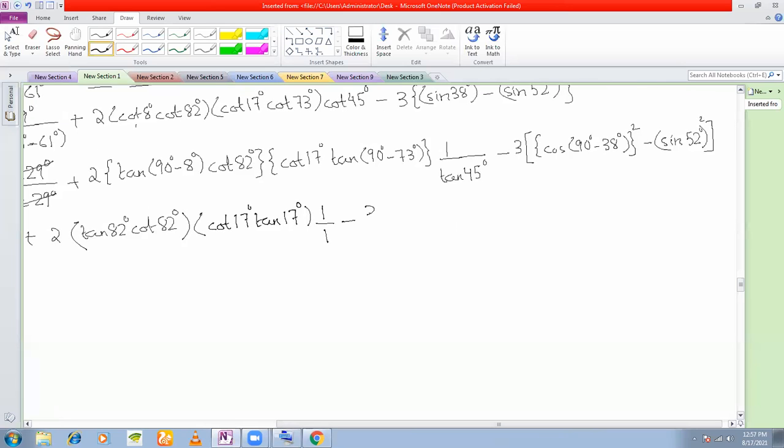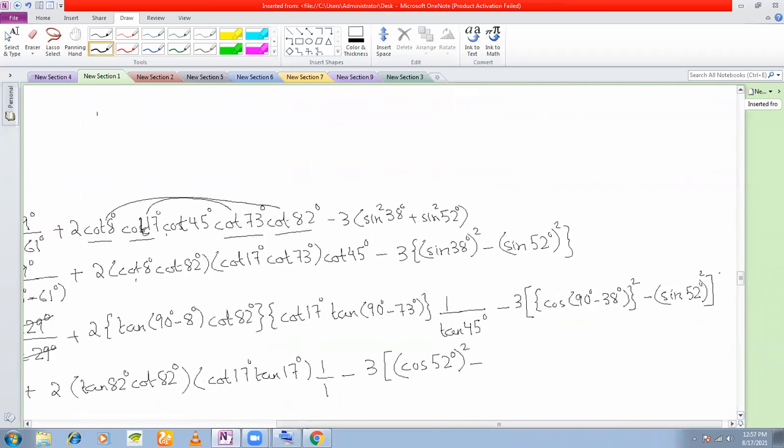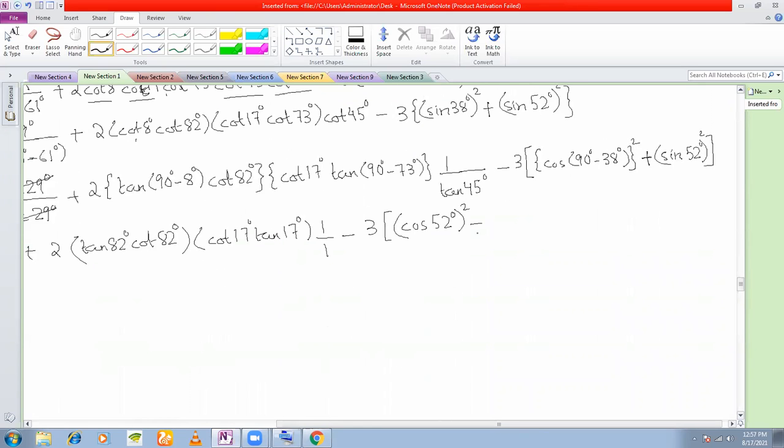Now look here, minus 3. This I'll get cos 52 degree square. Okay, this is not minus, this is plus. All this is plus. So this is also plus sine 52 degree square. Okay.